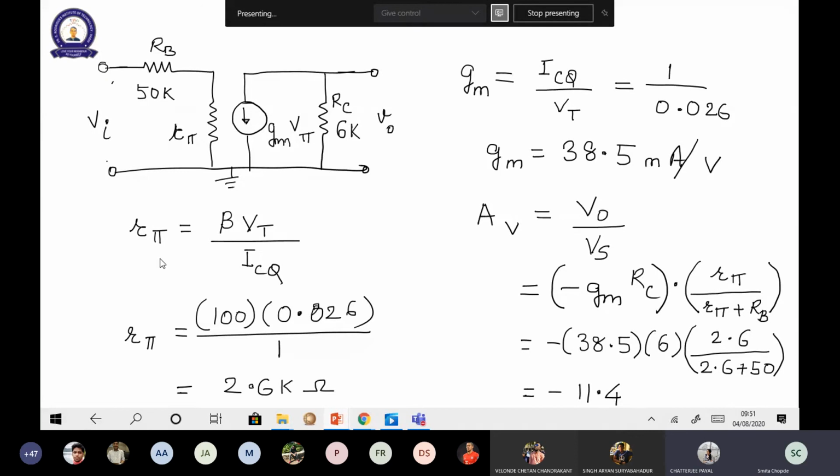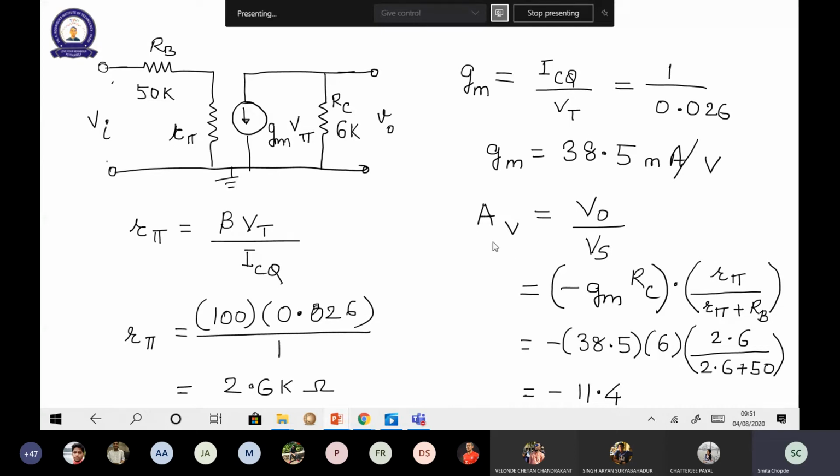So here GM is ICQ upon VT. You are getting a maximum value of conductance, that is 38.5 milliamperes per volt, and now you calculate your voltage gain, which is 11.4. Okay, so now it is coming negative.